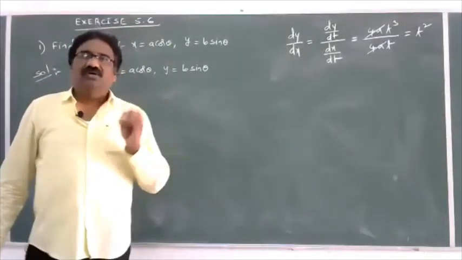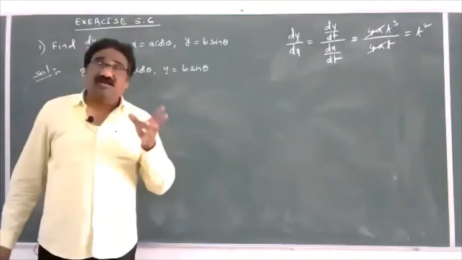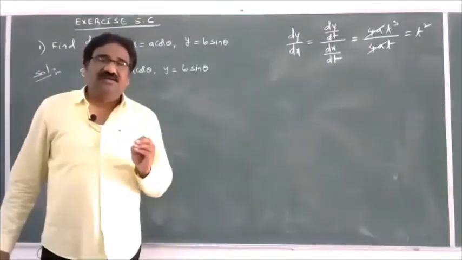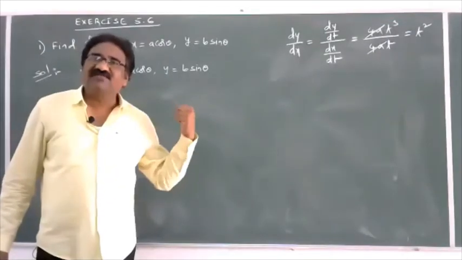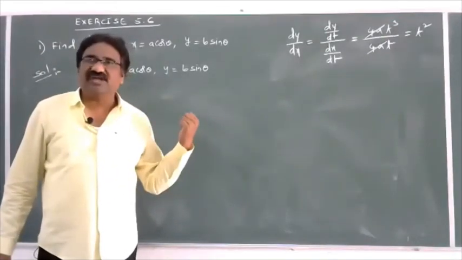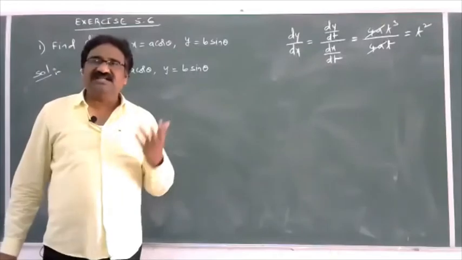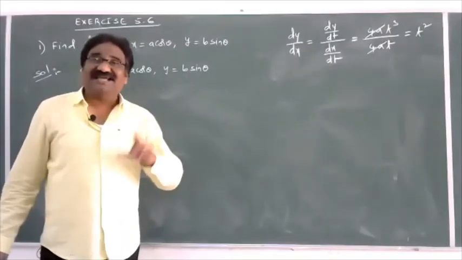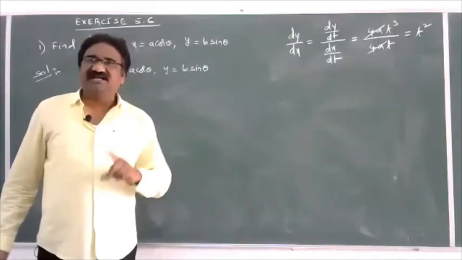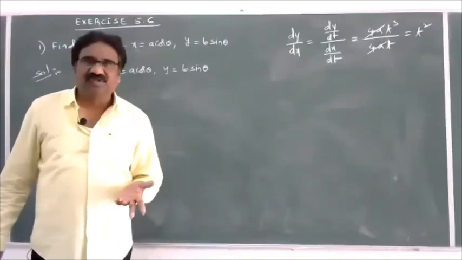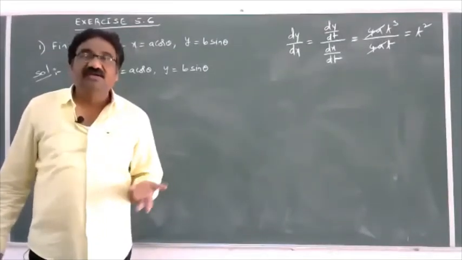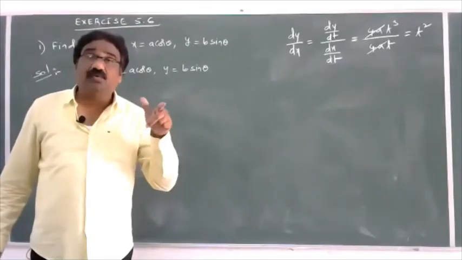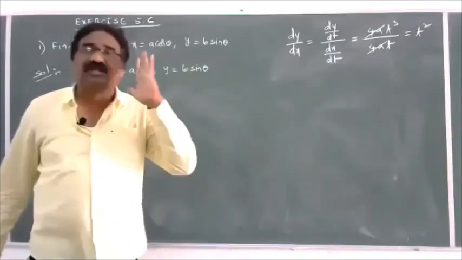Here also, the same formulas used for the variable x are useful for the variable theta. For example, sin theta derivative is cos theta, like sin x derivative is cos x. And x to the power of n derivative is n into x power n minus 1; theta power n derivative is n into theta power n minus 1.